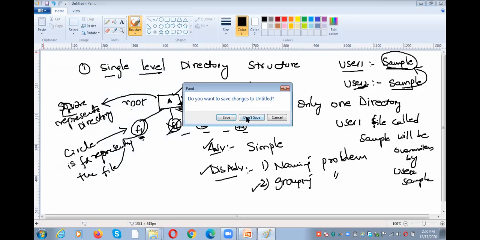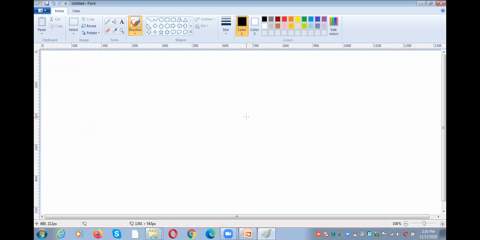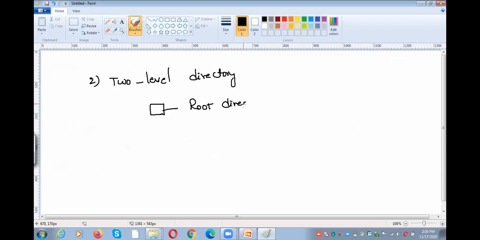And the next one, the second one, two level directory. So what is two level directory? As the name indicates, the first directory is called the root directory, maybe A for example, and all users have their own directories.